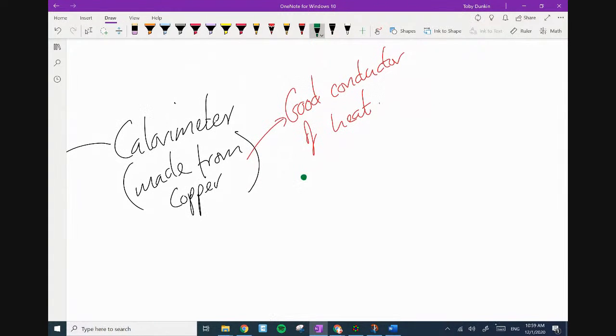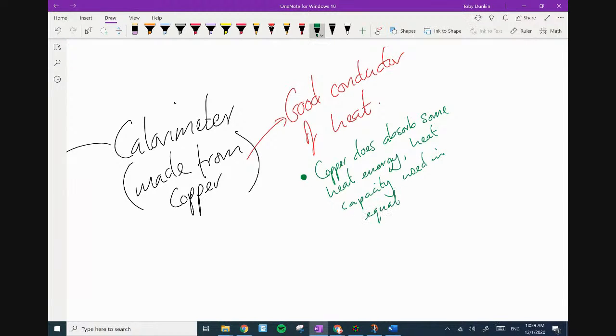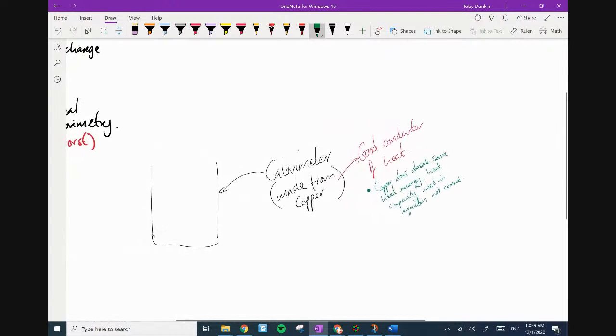Copper does absorb some heat, some heat energy. Heat capacity used in equation not correct. It should actually be an average of the two of them, and that would be complicated to do.